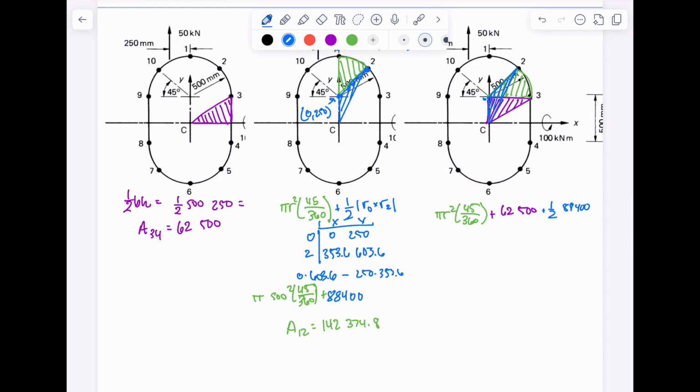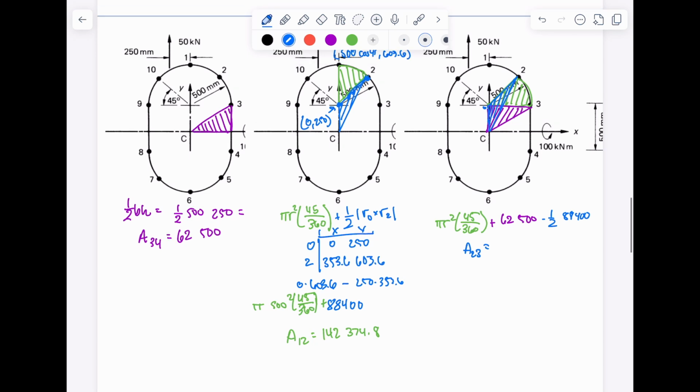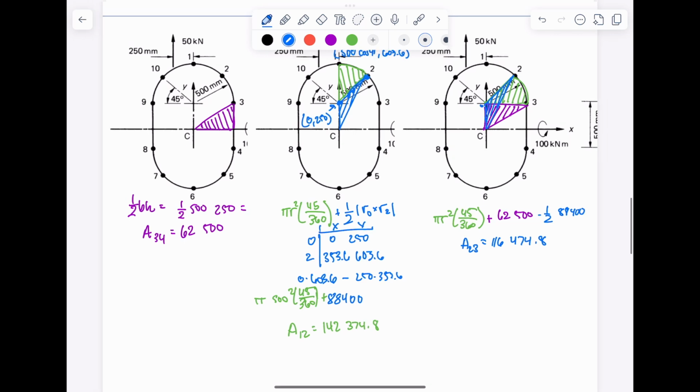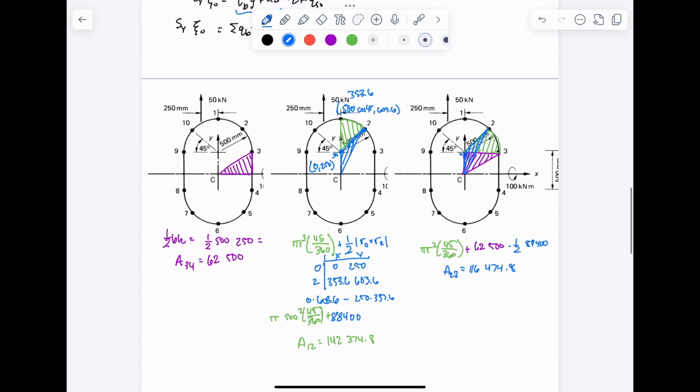And if we solve all this with our radius being 500, we know that the area of 2 to 3 is, we subtract this. And if we solve for that, we know that this is now equal to 116,474.8 millimeters squared.